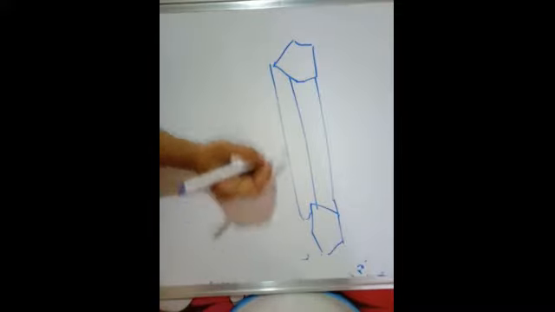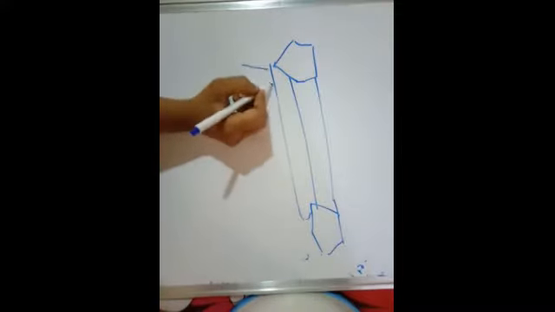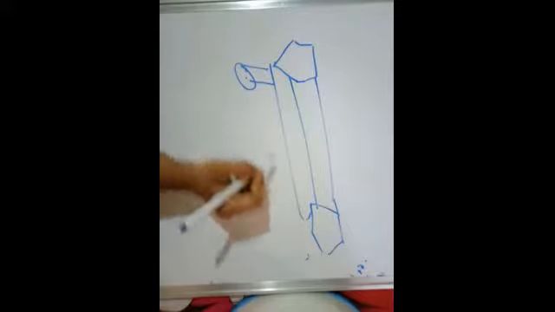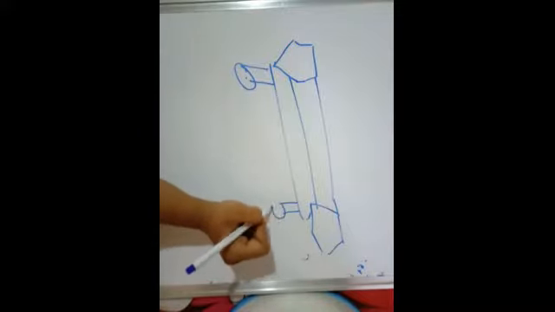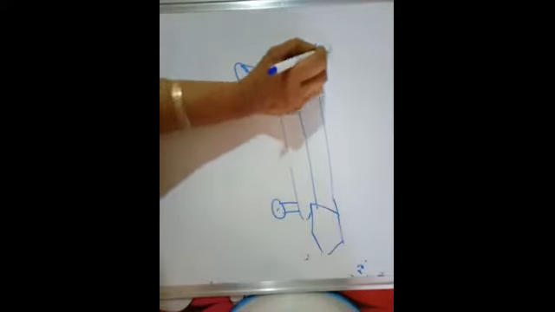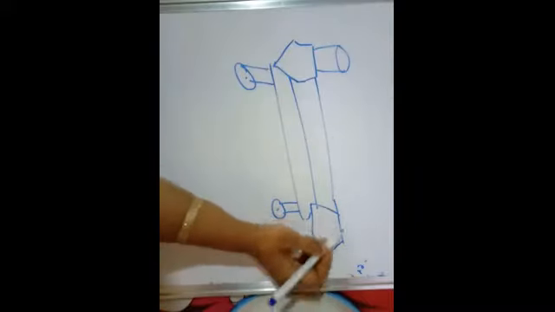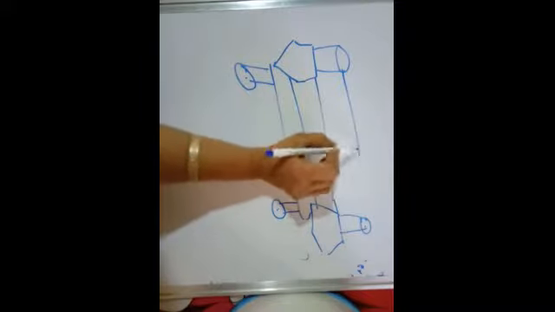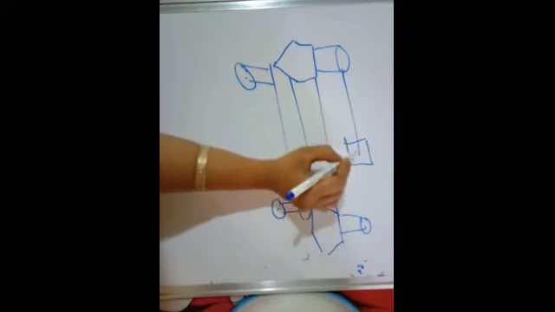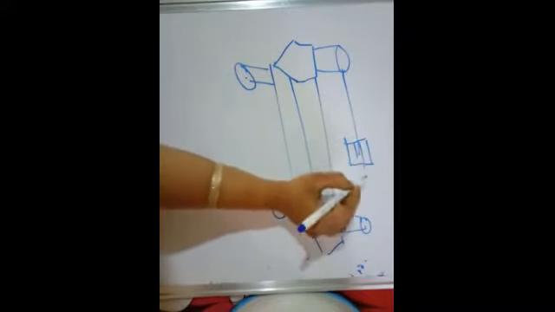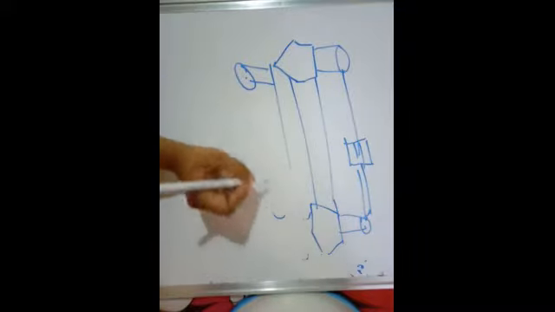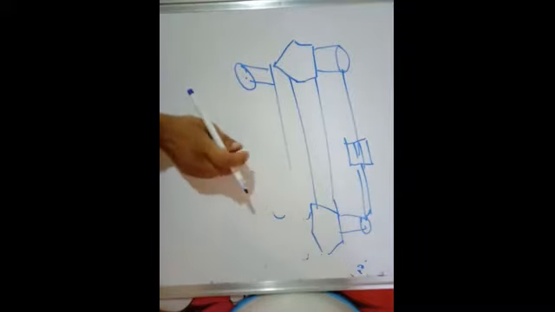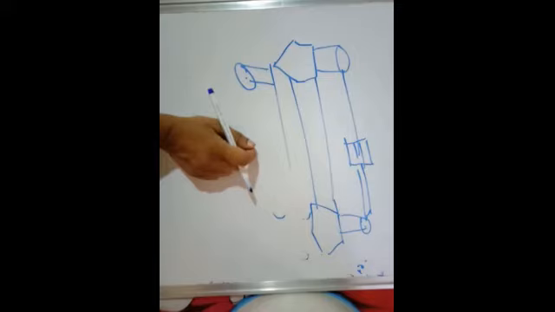Again we have this wire, then these are the connectors, by using which we adjust the values of the resistors. This is the construction of wire wound pot and rheostat.